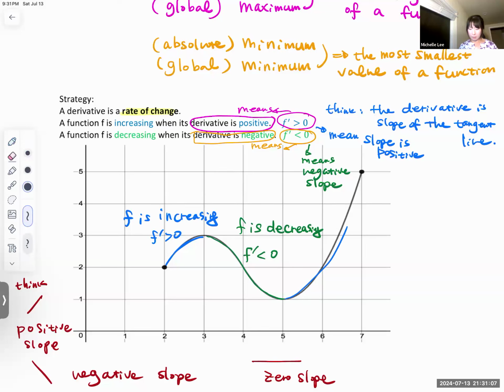Okay, from here to here, f prime is greater than 0, right? That means the derivative is positive. The positive means the original function is increasing, right?